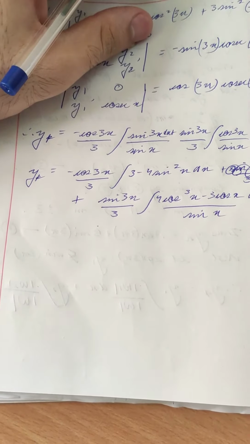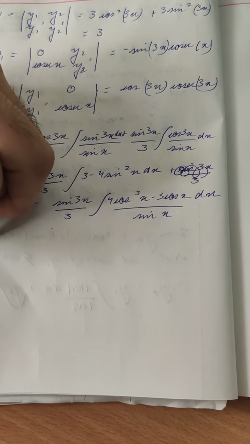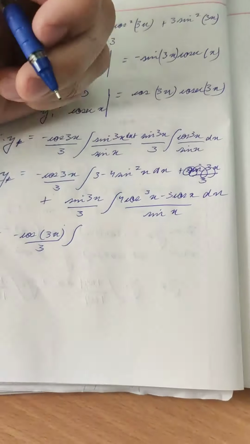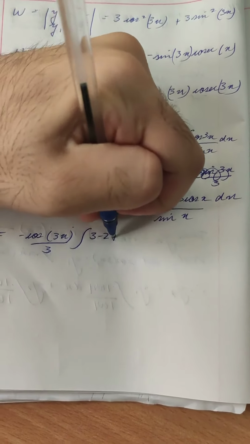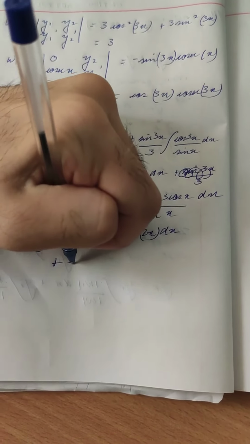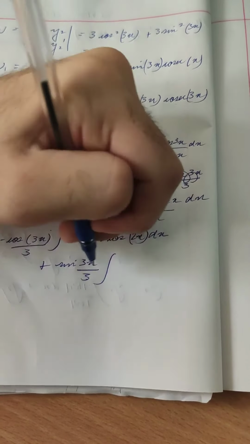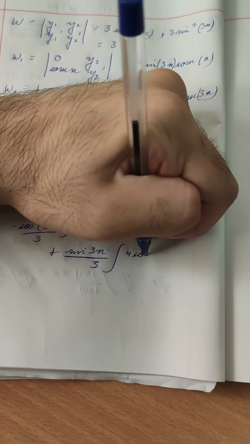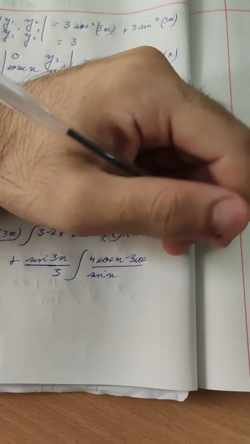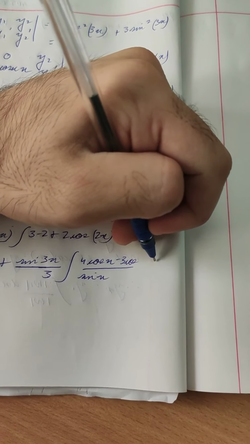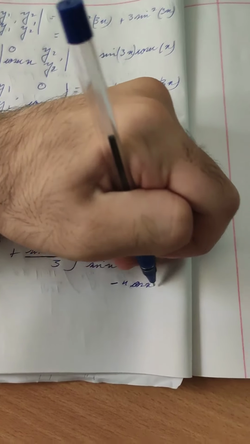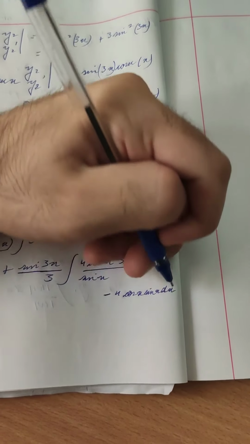Yes, so this would lead to minus cos 3x by 3 integration of 3 minus 2 plus 2 cos 2x dx, plus sine 3x by 3 integration of 4 cos x minus 3 cos x by sine x, and actually here should be another term, a minus term, but since there is no space I am writing in the next line, that term is nothing but minus 4 cos x sin x dx since it's being integrated.